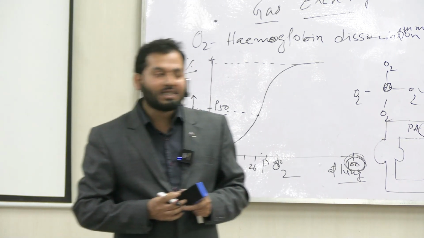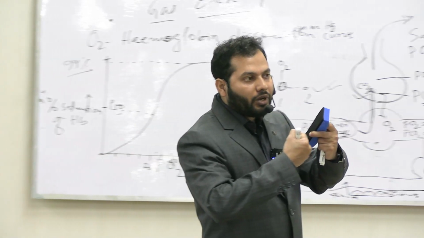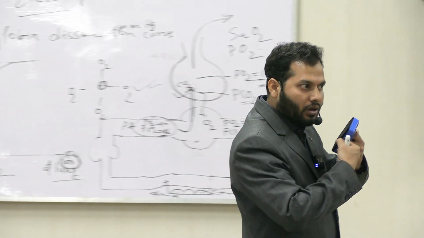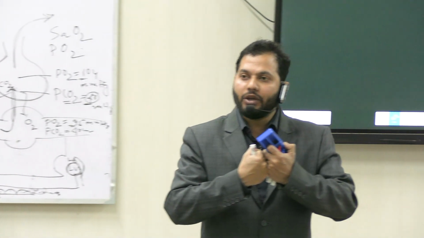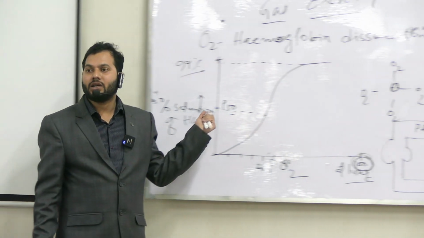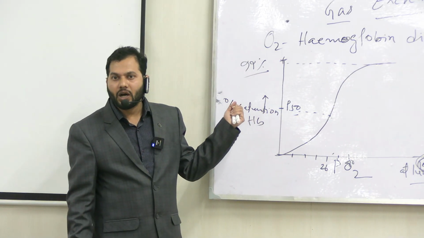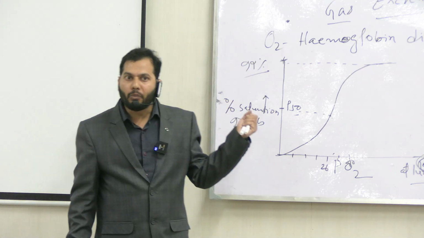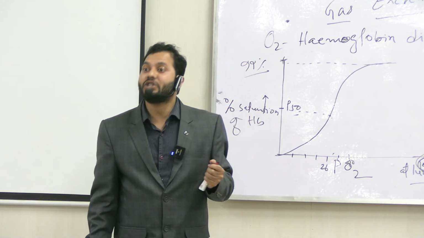Whether it reflects more affinity between oxygen and hemoglobin or less affinity between oxygen and hemoglobin. P50 means 50% of the binding sites are occupied by oxygen at a particular partial pressure.